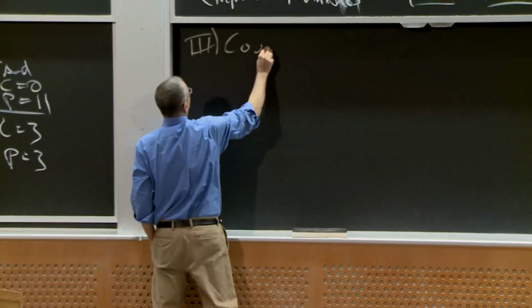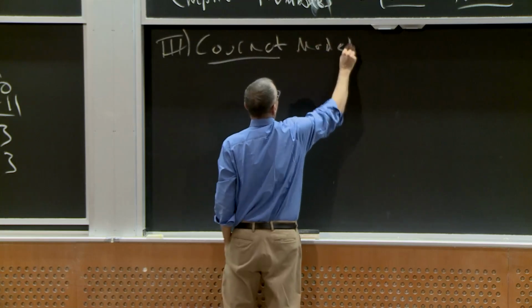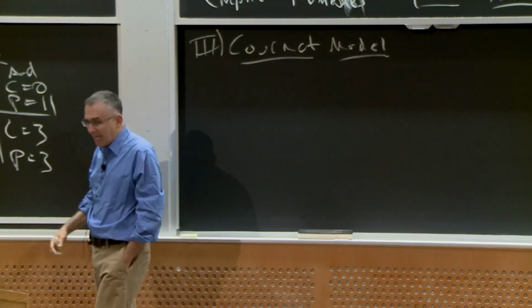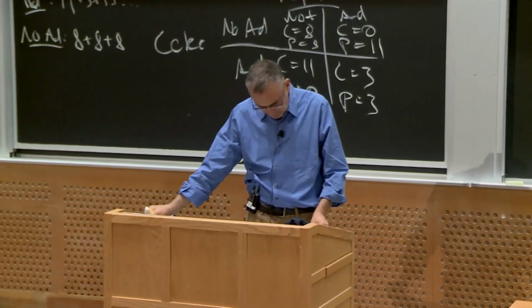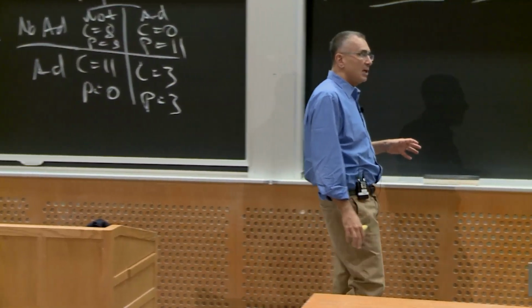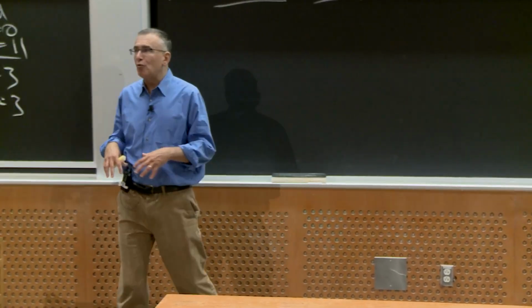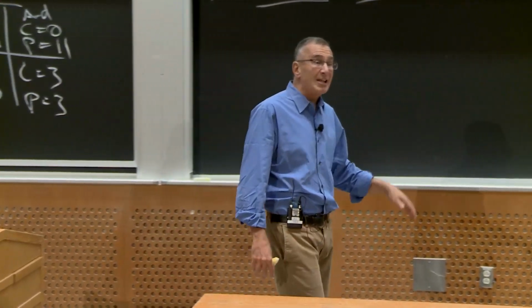Okay, so we're going to talk about the Cournot model of non-cooperative equilibria. This is basically a version of the Nash model. Okay? So we're going to take the general Nash model and enrich it, saying beyond having two choices, you have a whole schedule of choices.